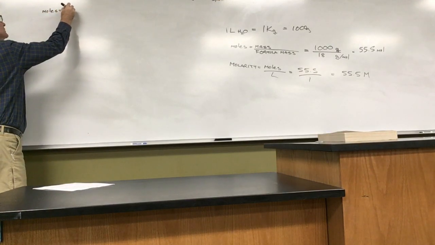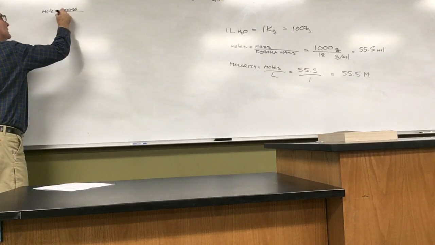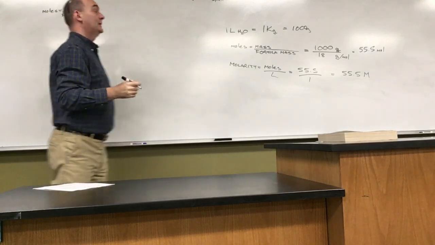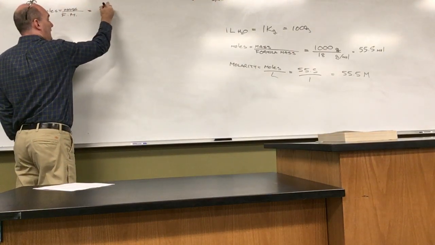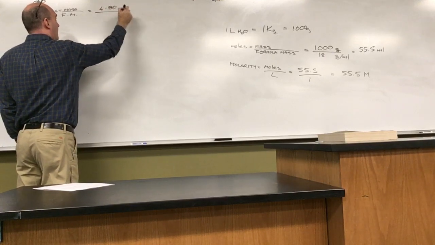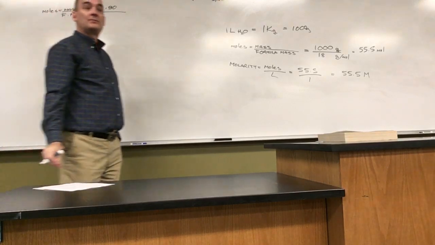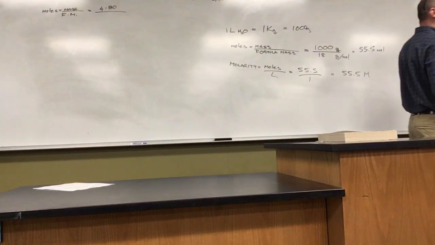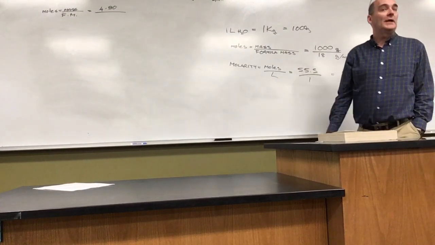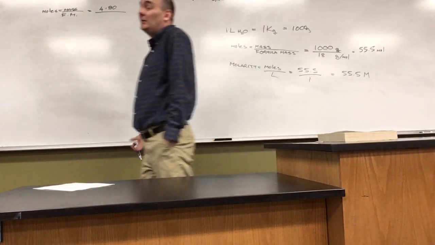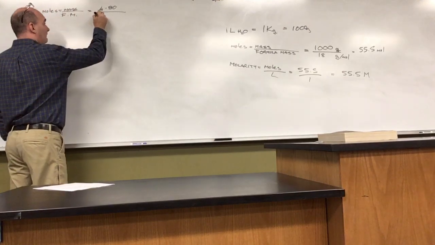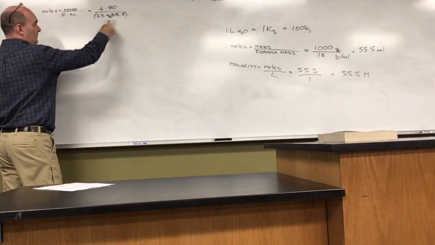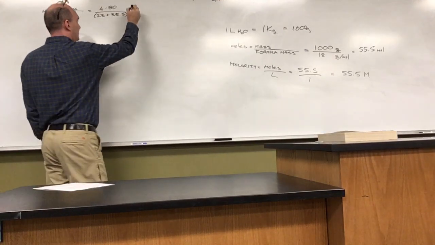Well, moles is mass divided by formula mass. Mass goes on the top, that's 4.8, and formula mass goes on the bottom. Sodium is 23, yeah, 22.989, I'll live with 23. And then chlorine is 35.5. So what's that? 58.5.